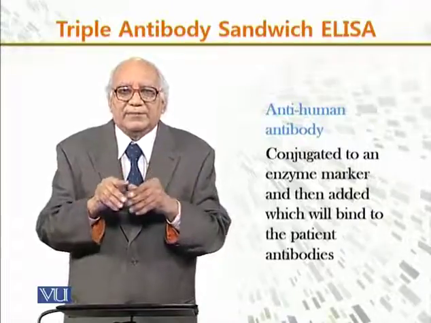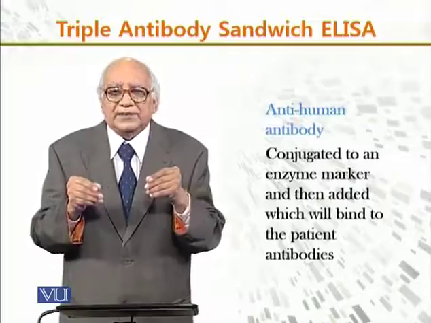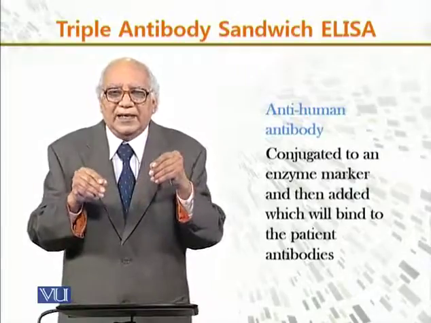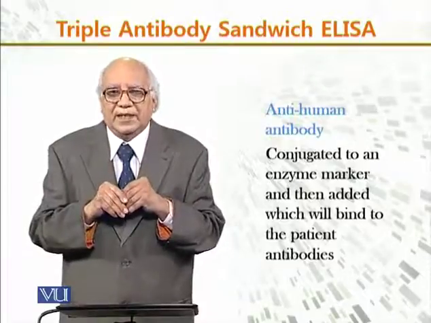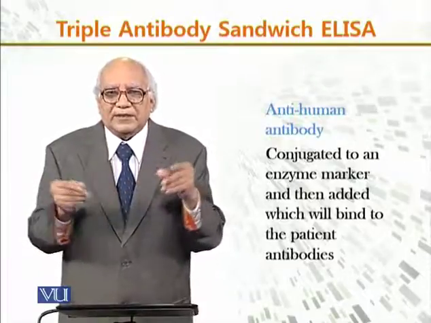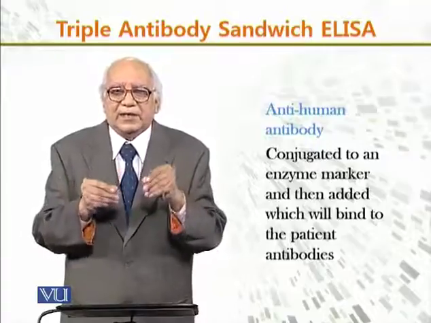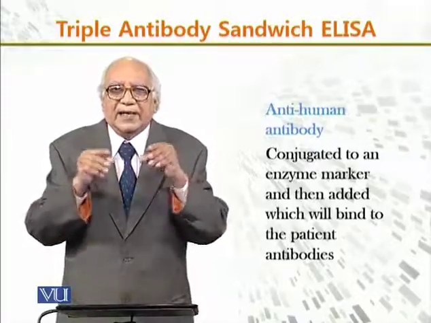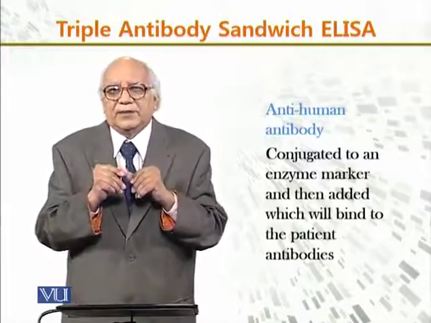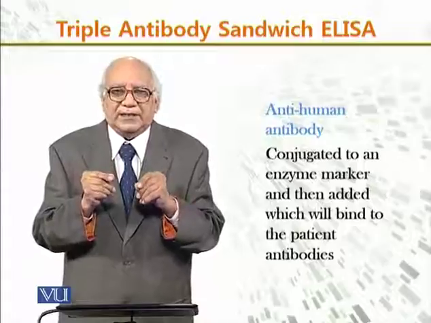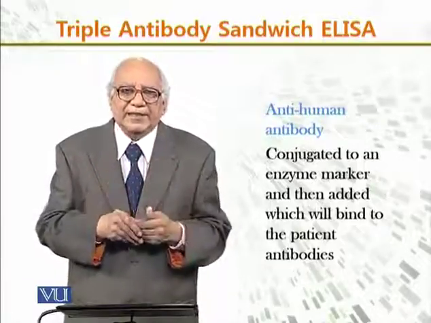Then an anti-human antibody that is conjugated to an enzyme marker is added, which will bind to the patient antibody. By enzyme marker we mean any enzyme which can become an indicator.